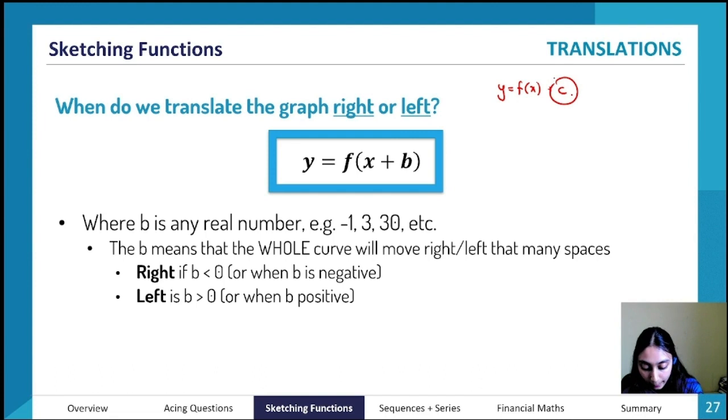So it's outside the brackets, it's related to y. In this same way, our b is in the brackets with x, which means that it needs to be related to x, right? So it's not really dependent on the y. So b is a horizontal translation, whilst c is a vertical translation.